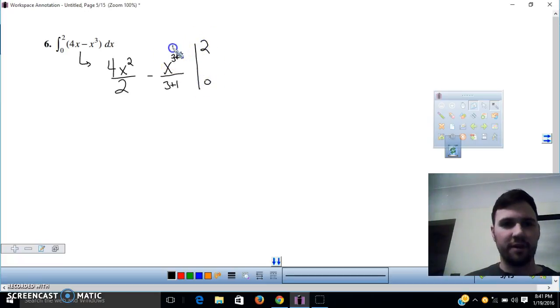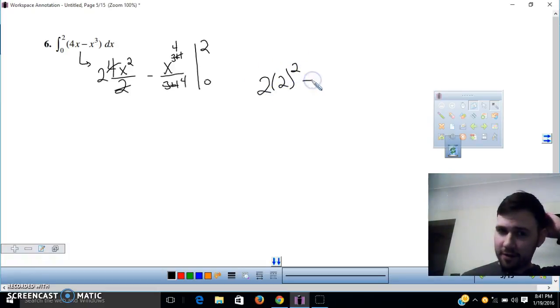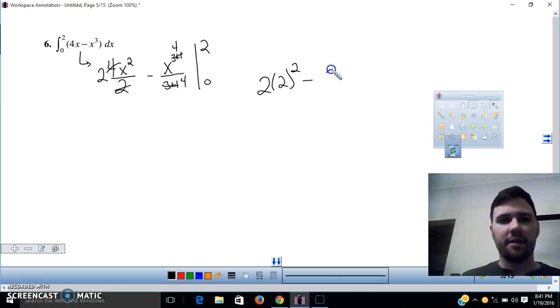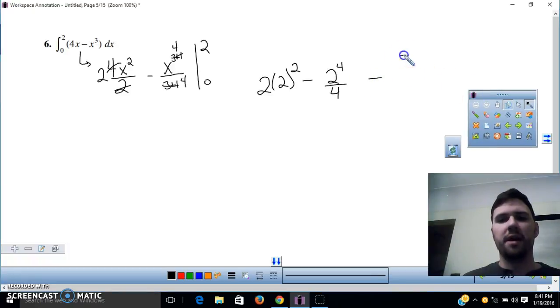Okay? So again, that's 4. That's 4. This is 2. Make your life easier. So when we plug in, we get 2 times 2 to the 2 minus 2 to the 4th over 4. That whole thing minus when we plug in 0, which is just going to be 0 minus 0. That's nice.